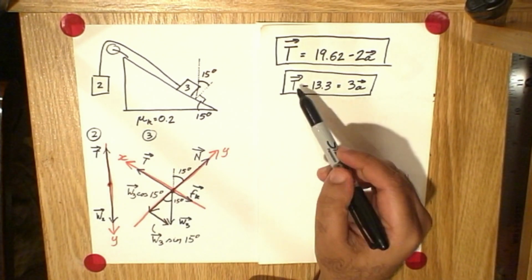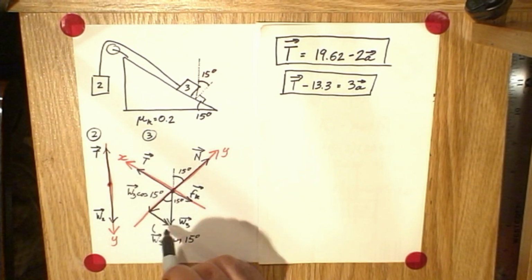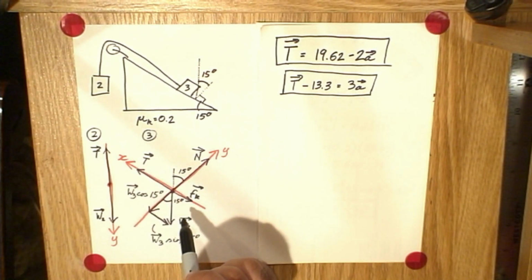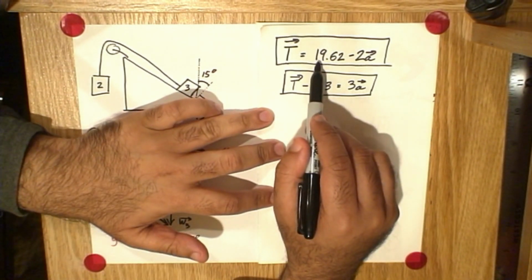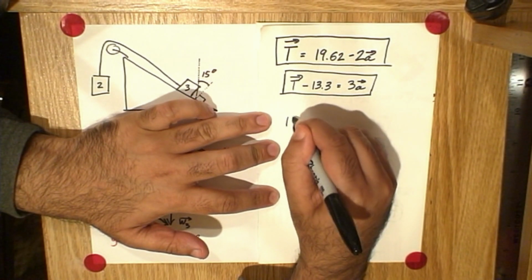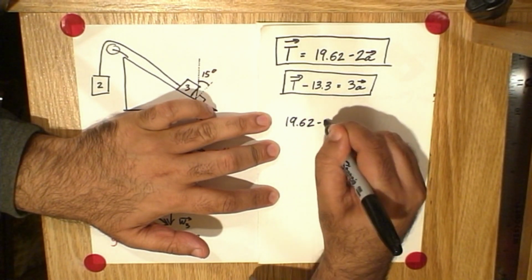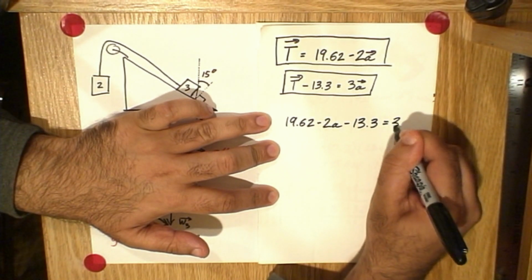And the second equation, T minus 13.3 equals 3a, which we got from analyzing the motion of the 3 kilogram object. Now we just need to combine these two together. I can plug in 19.62 minus 2a for T over here. So that gives us 19.62 minus 2a minus 13.3 is equal to 3a.